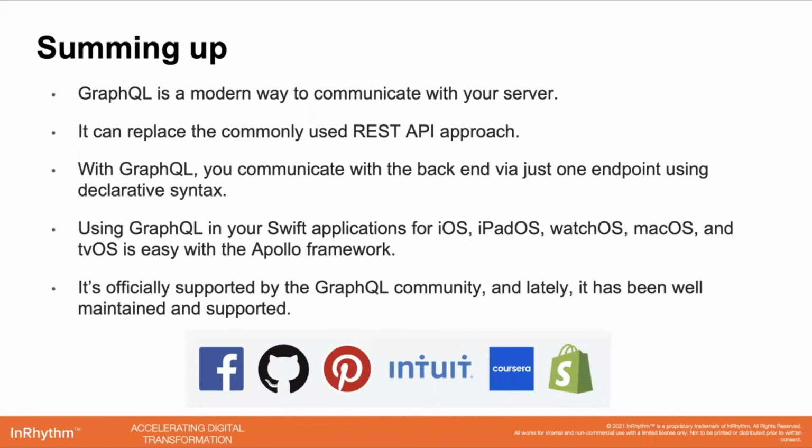You don't have to create these models or do JSON parsing, all that stuff. You just have a single endpoint and create a fetch request or mutation request, or you can subscribe for changes or watch for changes. So that's also available in GraphQL.